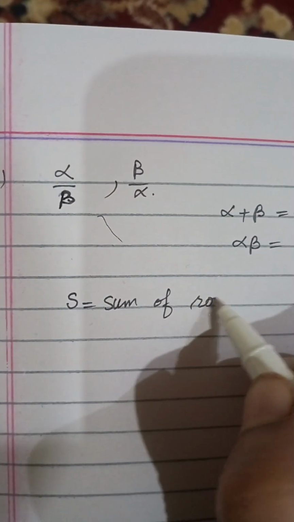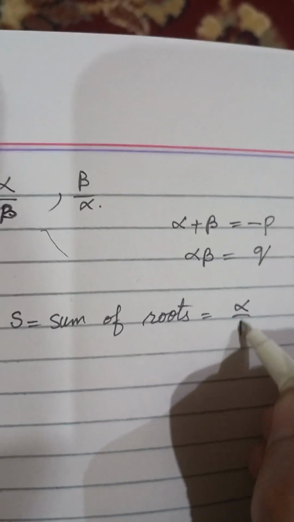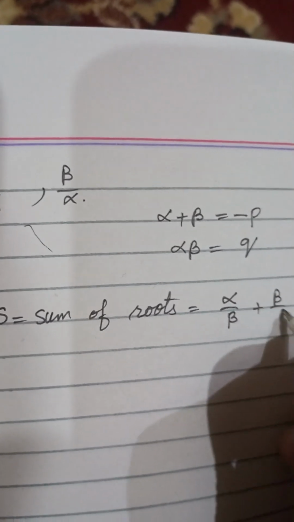The sum of the roots of the required equation is alpha over beta plus beta over alpha.